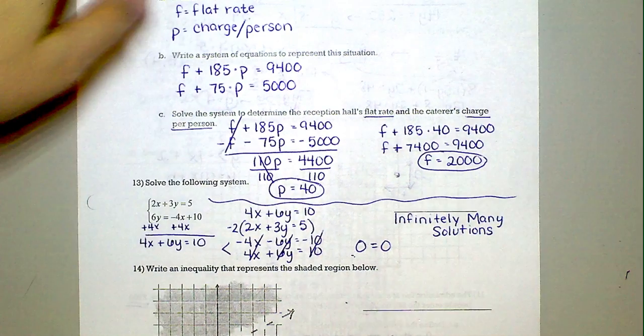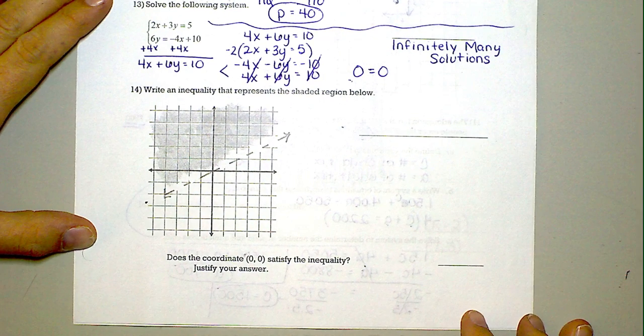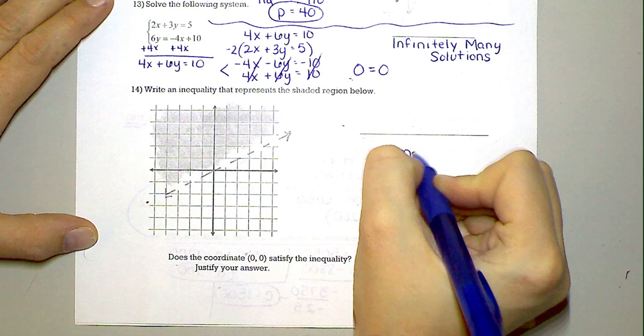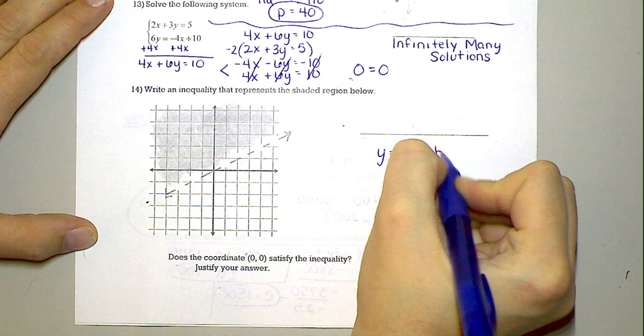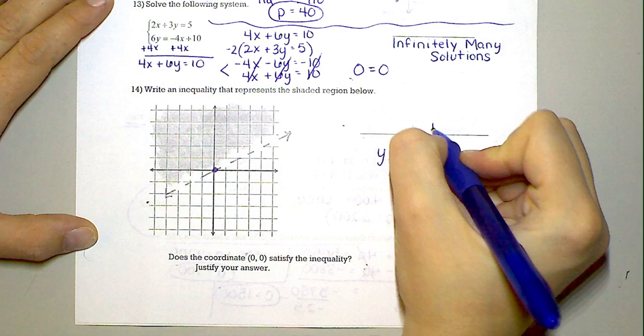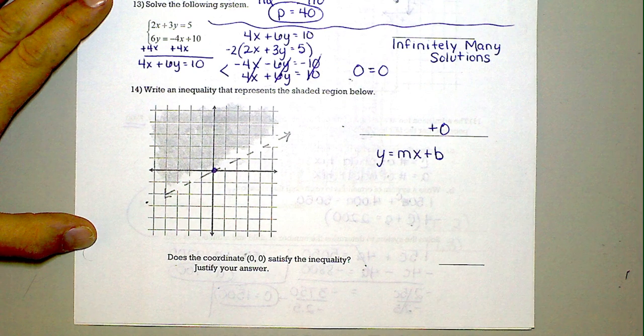Okay, number 14, another one where we're writing an inequality. So again, let's use y equals mx plus b as our guide. My b value is right here at the center, so that's really a 0. You actually wouldn't have to write the 0, but I want you to know that I'm following the same steps as before. Now to find my slope, I'm going to pick any 2 points on my line.